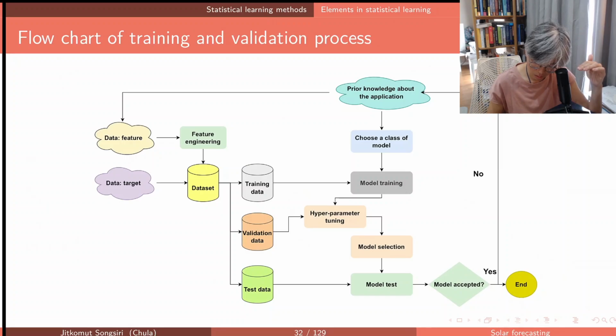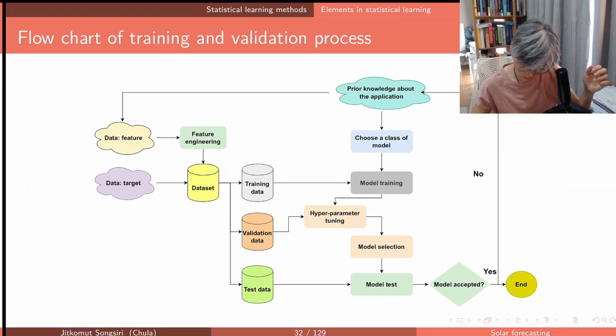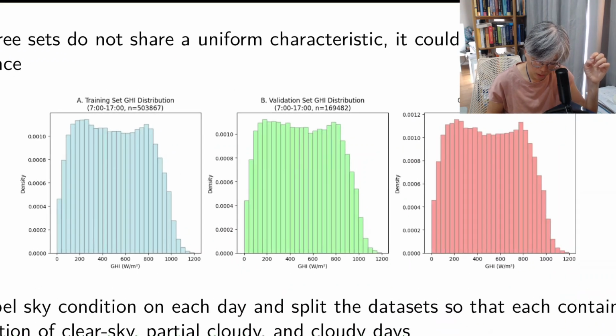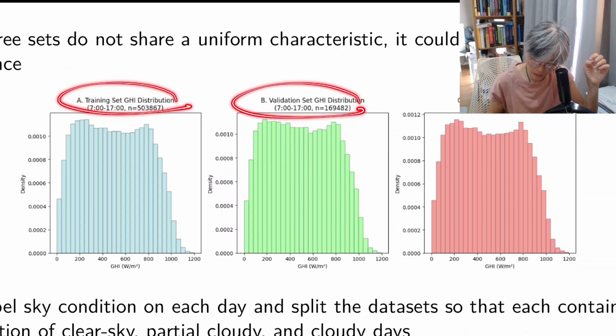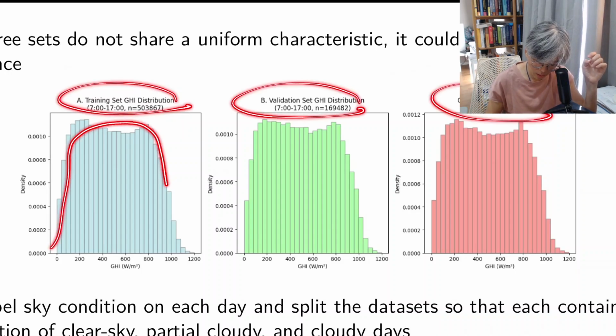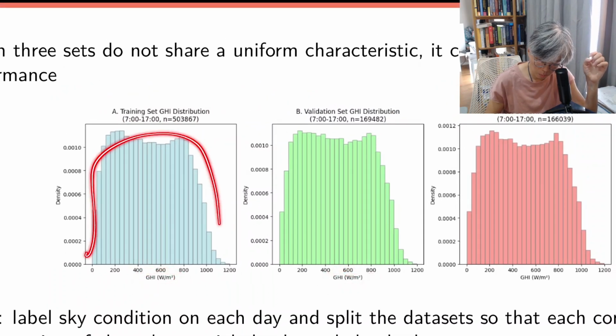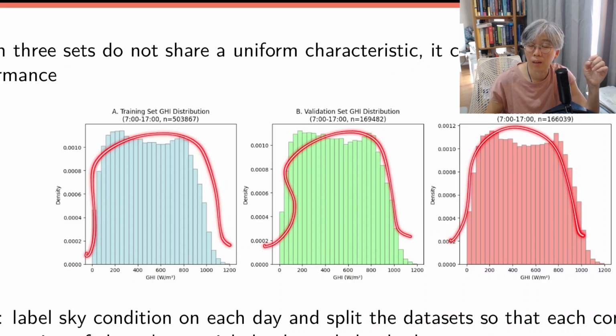Now let me go back. Ah, no, this slide. Okay, this is what we mean. When I split the training set, the validation set, and the test set, you can see that the histogram of my data, which is solar irradiance, tends to be very similar.